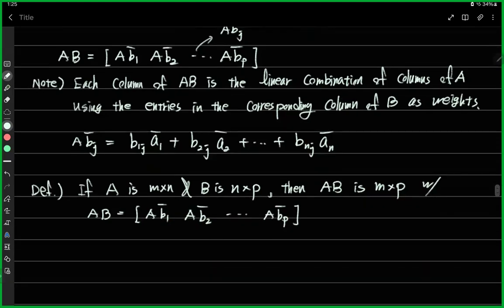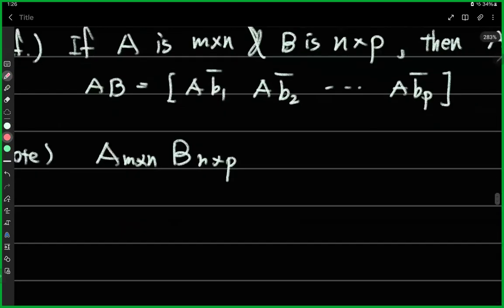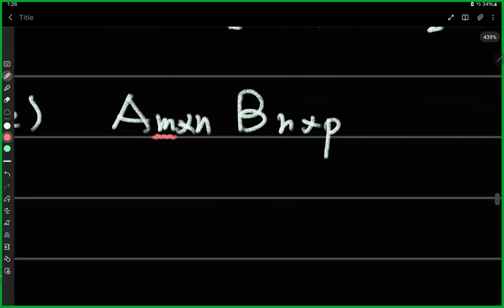And then here's a note. Actually, we can figure out the size of AB by looking at the size of A and B. A is m by n, and B is n by p. The m and p determine the size of matrix AB.